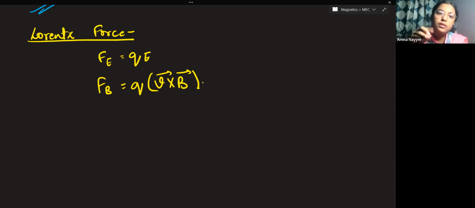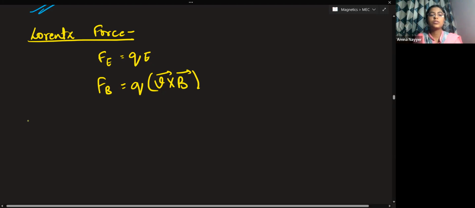When you have electric field and magnetic field both present, the net force will be given by the sum of both the forces. It means electric force will act and magnetic force will also act. So I'll write down the definition of Lorentz force.